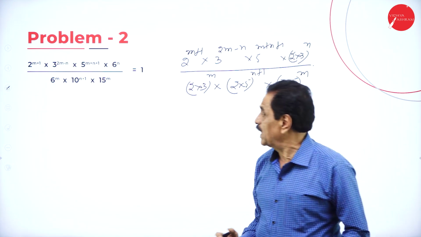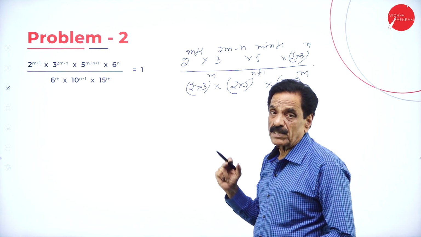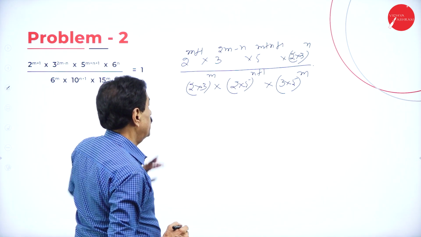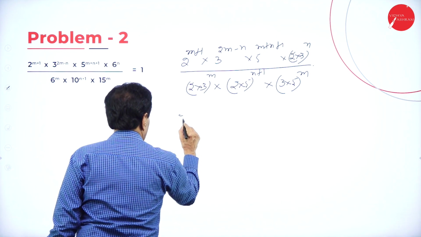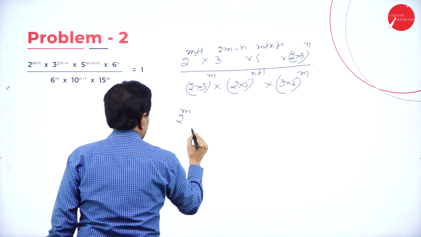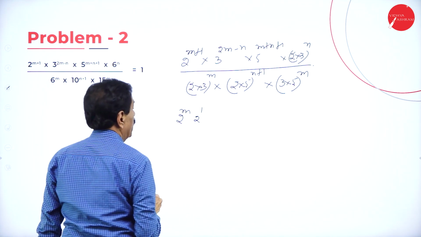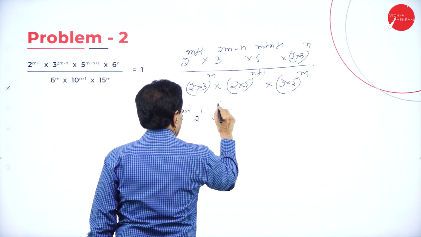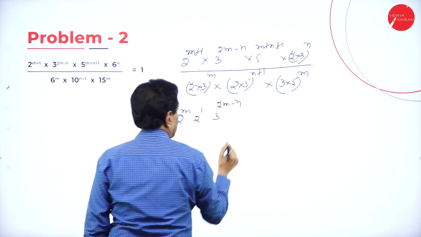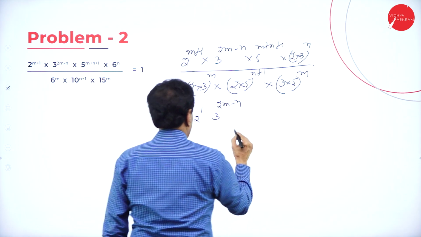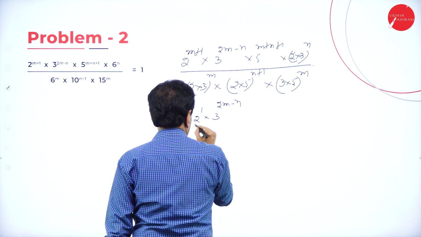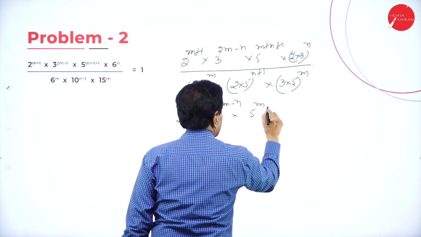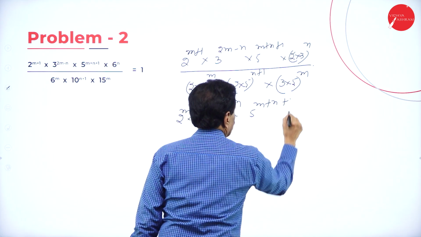I made simplification by taking the bottom as a 2. Make the simplification. This is 2 to the power of m, 2 to the power of 1, same I have written, 3 to the power of 2m minus n into 5 to the power of m plus n plus 1.